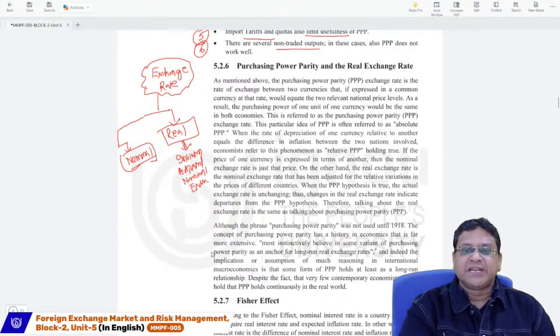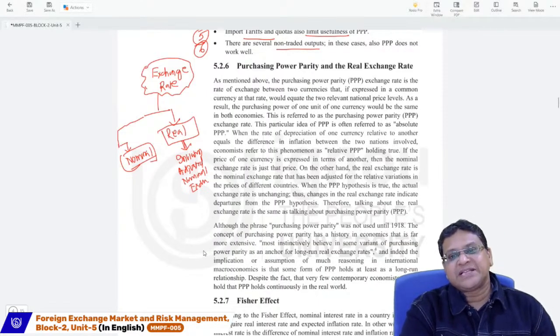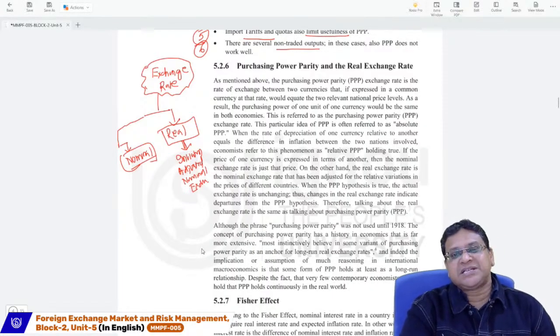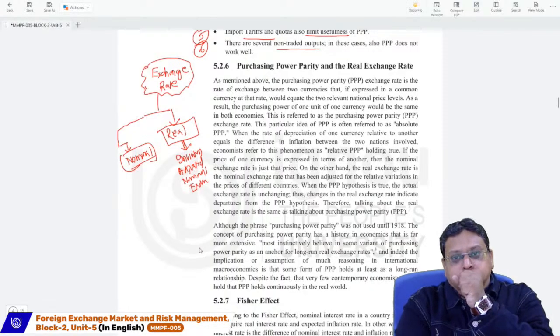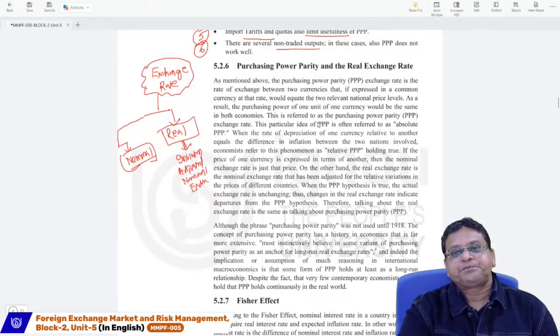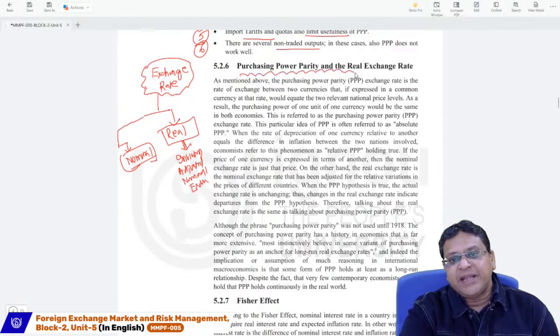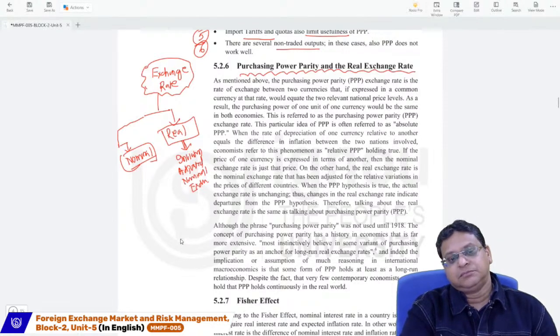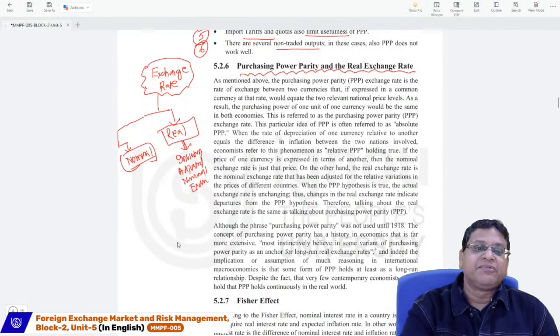Now, the real exchange rate between countries normally does not change with the change of price level, but the nominal exchange rate changes. Therefore, the purchasing power parity theory, relative version, tells that the percentage change of exchange rate should be equal to the percentage change of inflation rate.